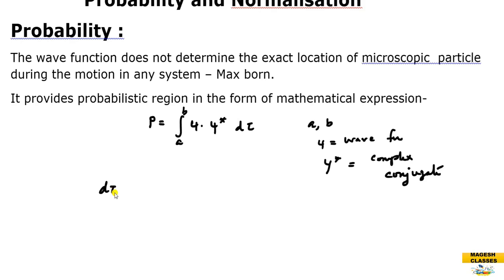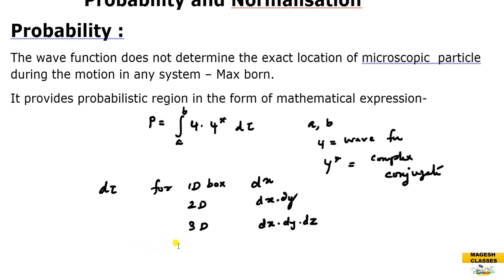The d tau for a 1D box is dx, for a 2D box it is dx dy, and for a 3D box it is dx dy dz.